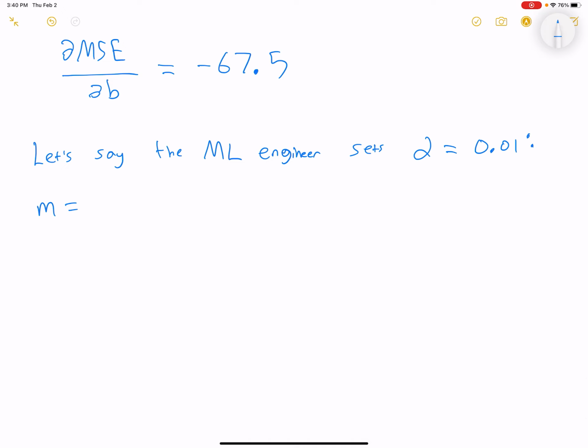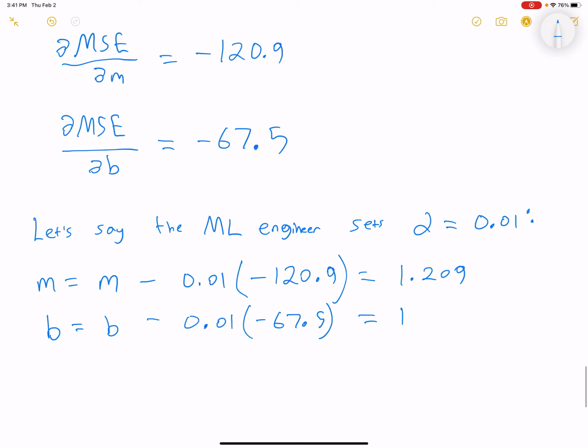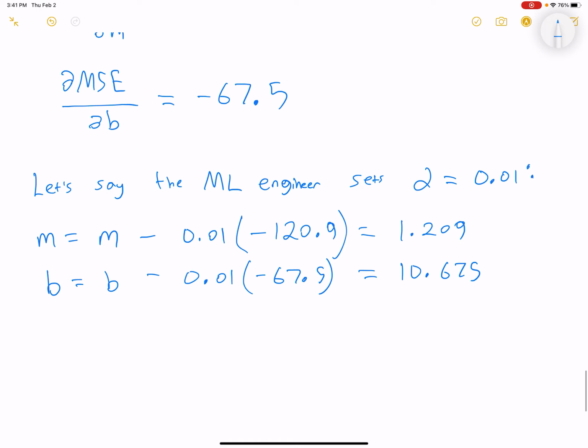Our new M is going to be our previous M minus the learning rate, which the ML engineer set, times negative 120.9, which happens to be 1.209, and our new value of B is equal to the learning rate times negative 67.5, which happens to be 10.675. And so now we have new estimates of M and B.